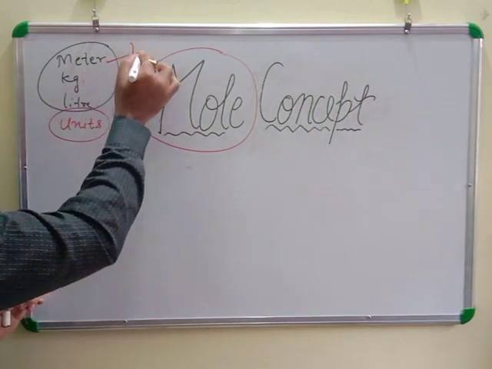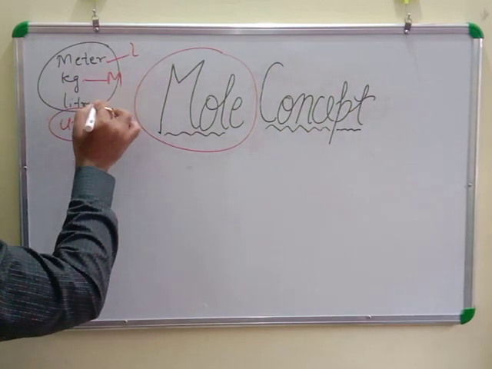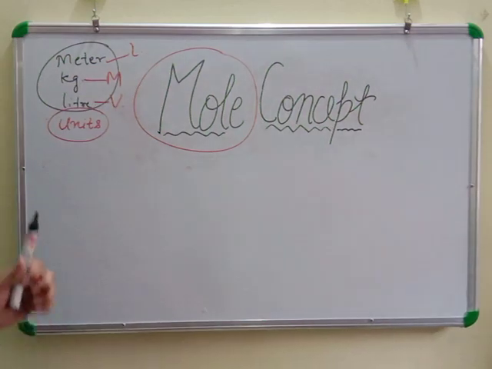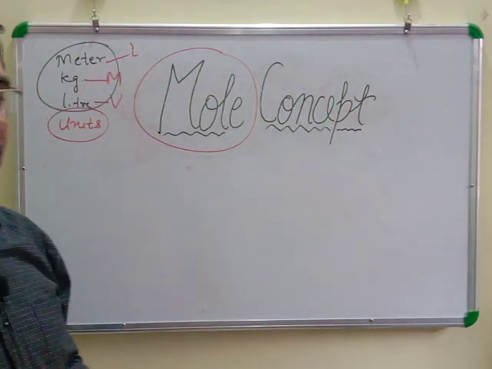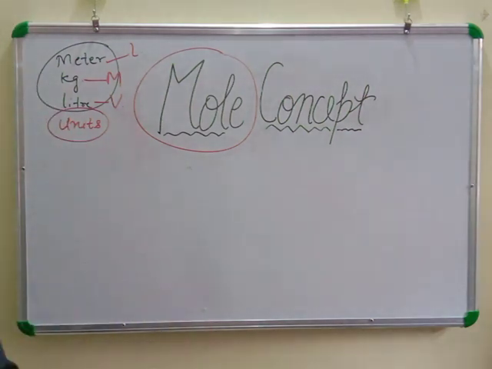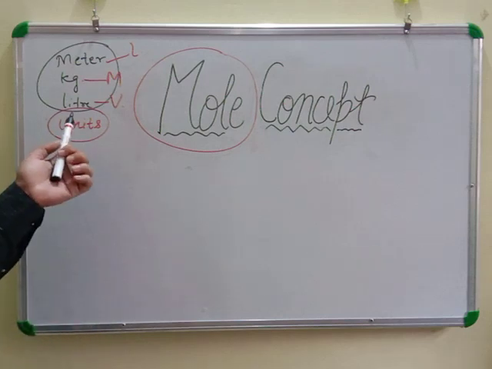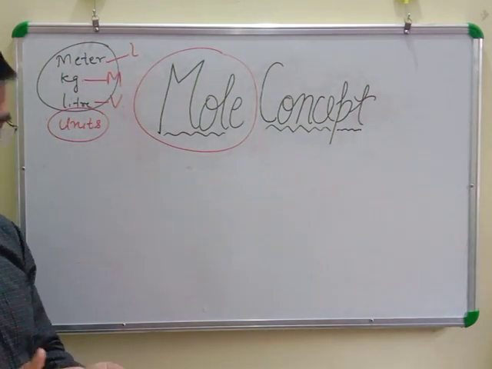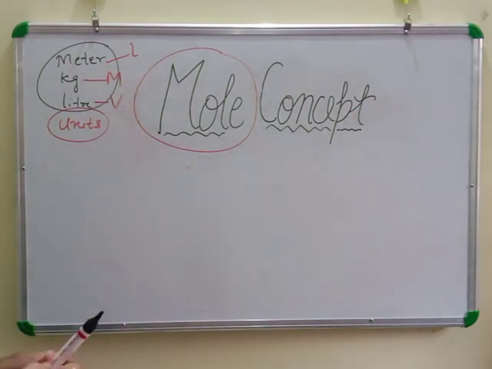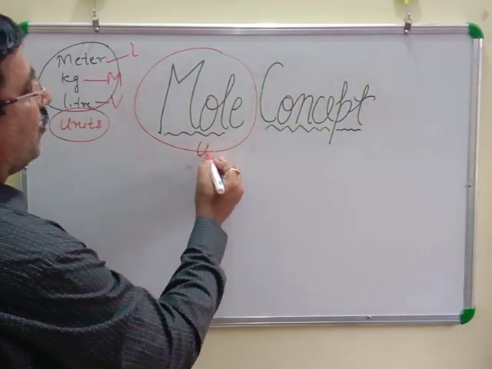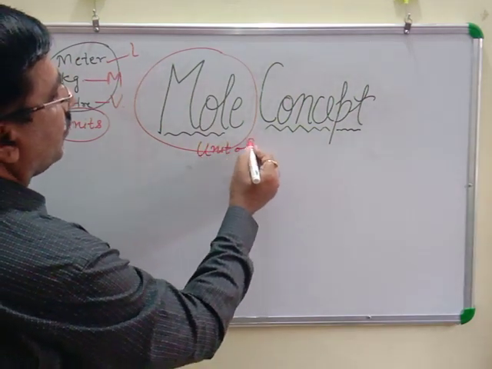It is for length, it is for mass, and it is for volume. So meter is used for measuring length, kilogram for measuring mass, and liter for volume. Similarly, mole is also a unit of measurement.